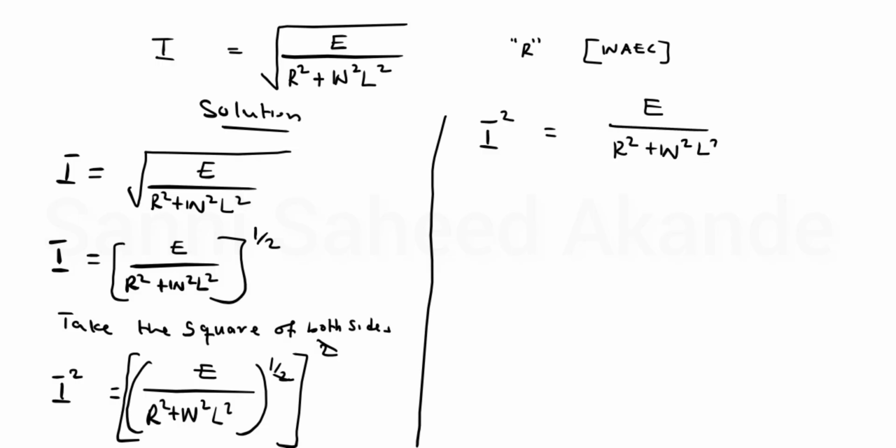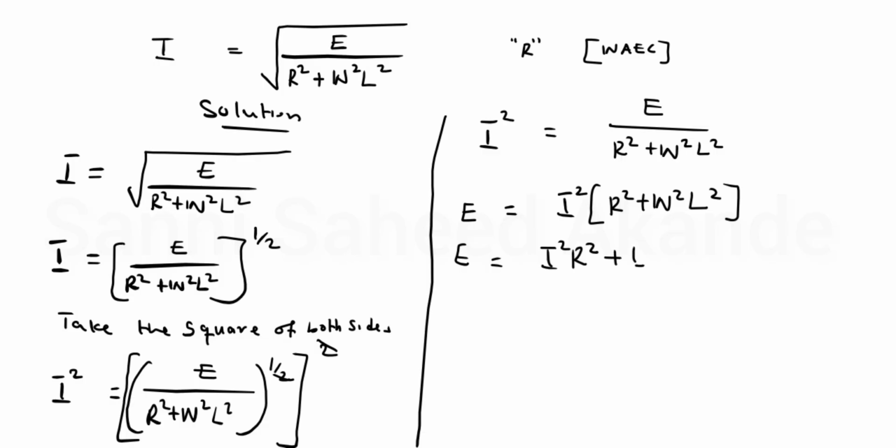All right, so cross multiply, or multiplying both sides by r squared plus w squared l squared, will give us E to be equal to I squared times r squared plus w squared l squared. Okay, so when you open this bracket at the right hand side, we have I squared r squared plus I squared w squared l squared.